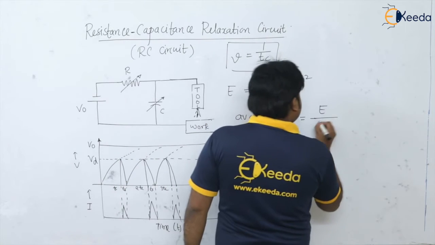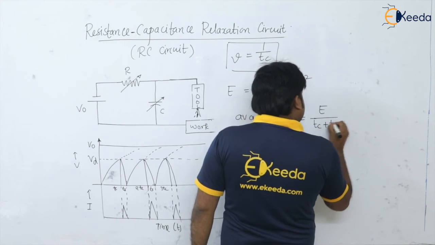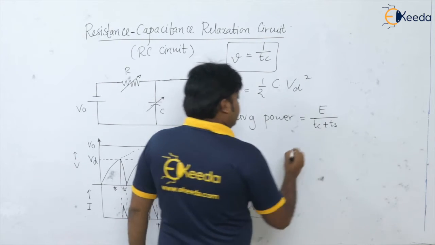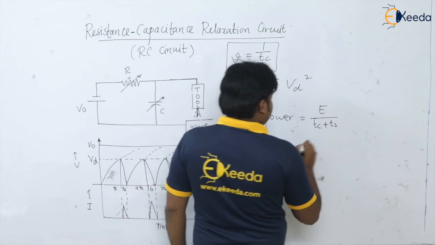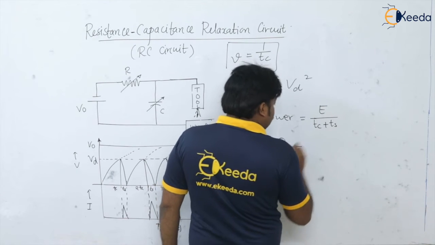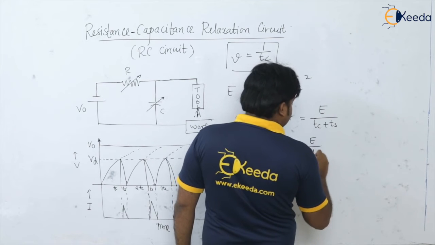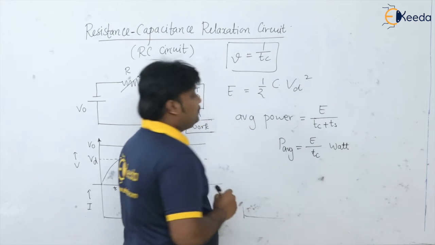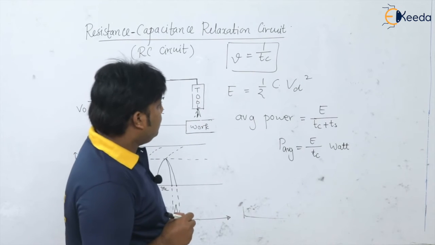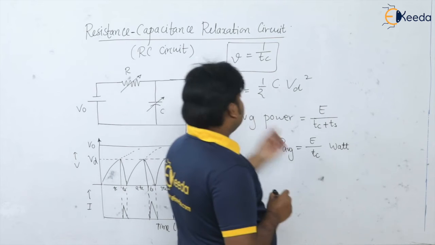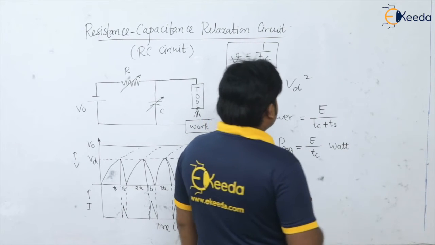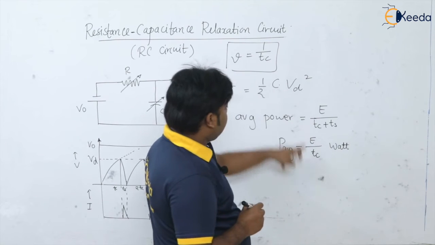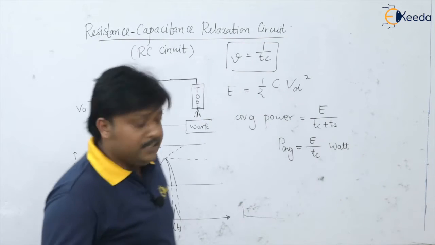So energy divided by time, that is charging time plus sparking time, and we know that TS is very small, so I can write this average power, P average, as this energy divided by TC. It is in watts, isn't it? So I put the value of this energy divided by the charging time TC. I know the value of this energy, I know the value of TC.